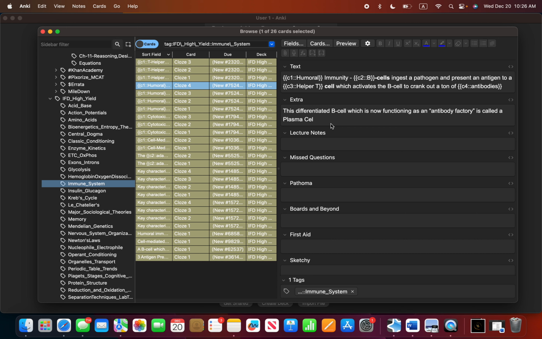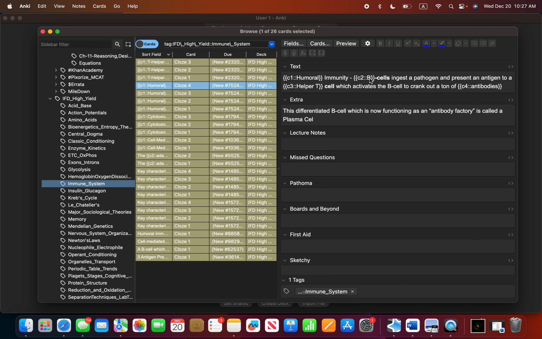So the first thing mentioned here is humoral immunity, and in humoral immunity there are B cells that ingest a pathogen and present an antigen to a helper T cell. So when these B cells ingest the pathogen, they can present an antigen to a helper T cell, which activates the B cell to crank out a ton of antibodies.